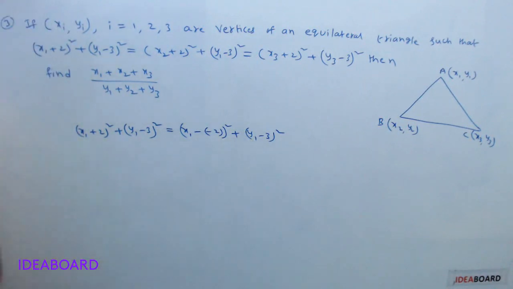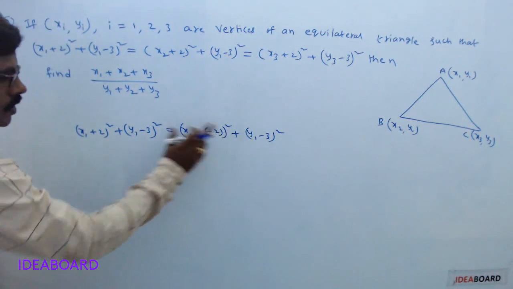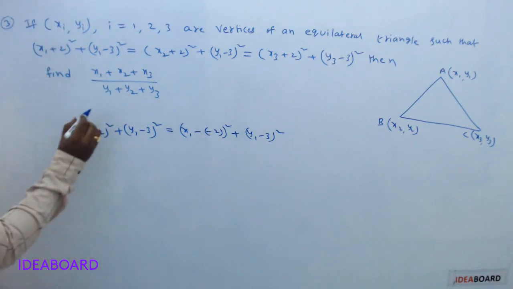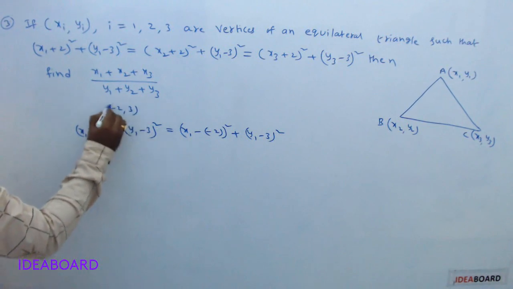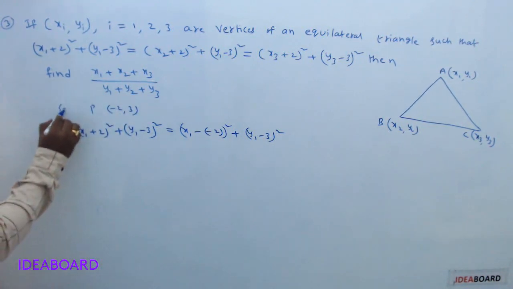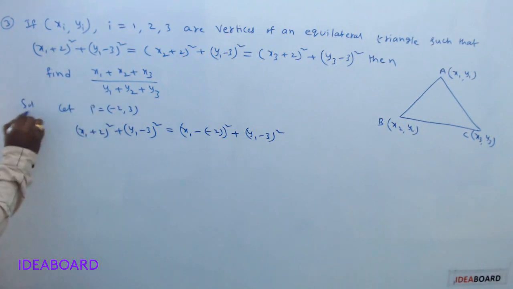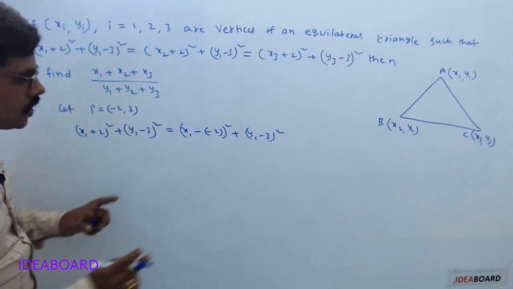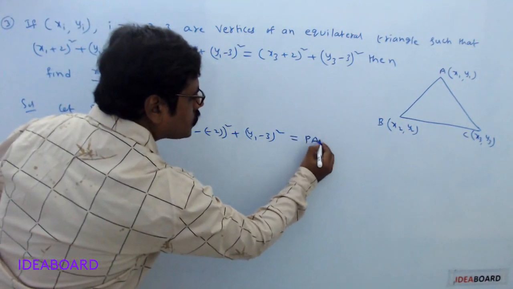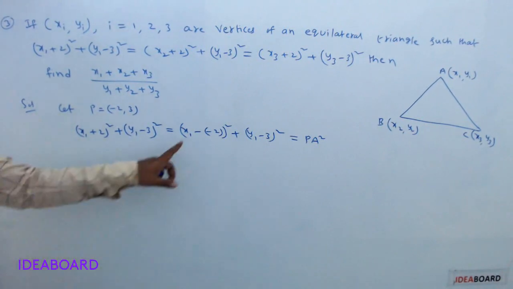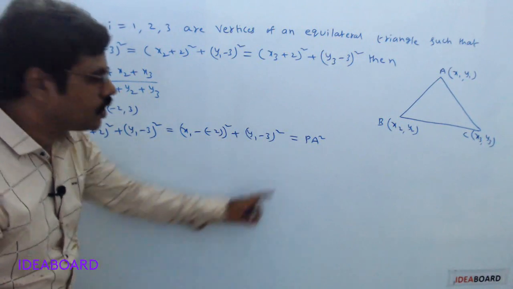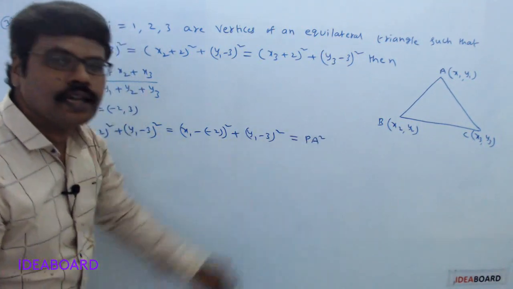Now, if you observe this expression, there is a point minus 2, 3. Suppose you denote the point minus 2, 3 with a letter P, so P equals minus 2, 3. Then this expression can be taken as PA square.